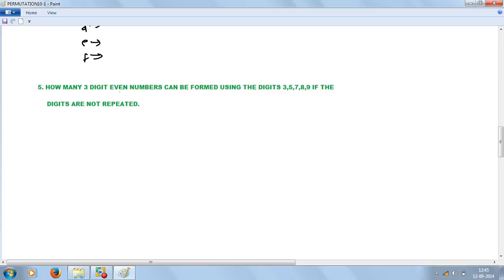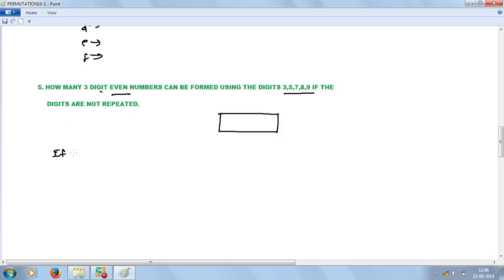How many 3-digit even numbers can be formed using these 5 digits if the digits are not repeated? So one clue they have given, even number.